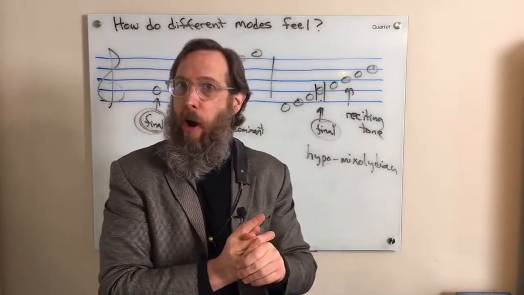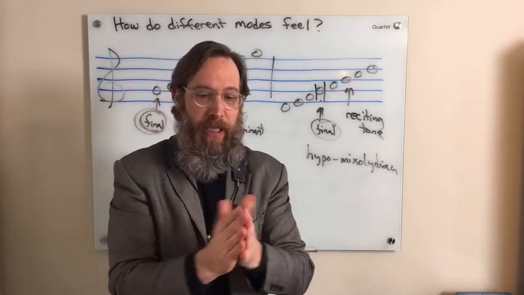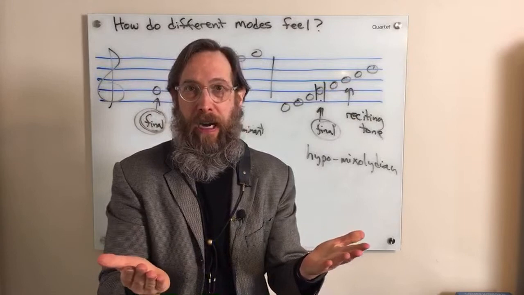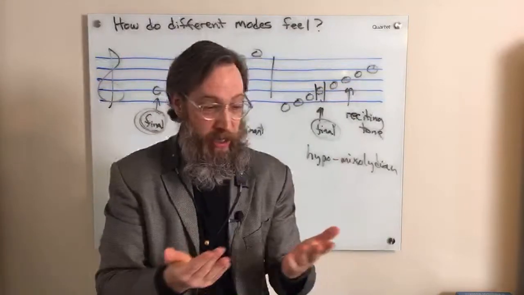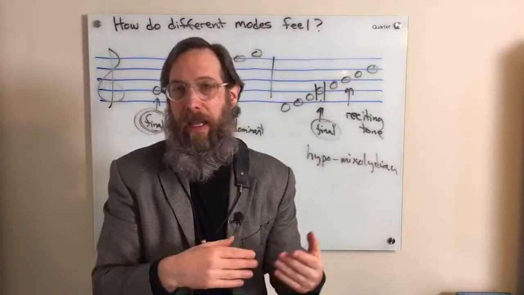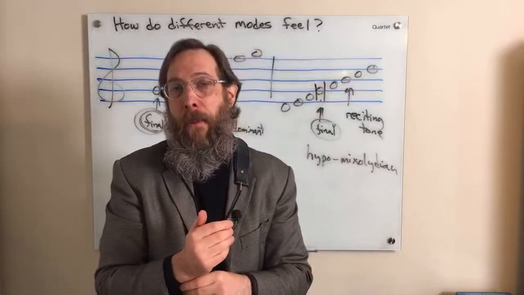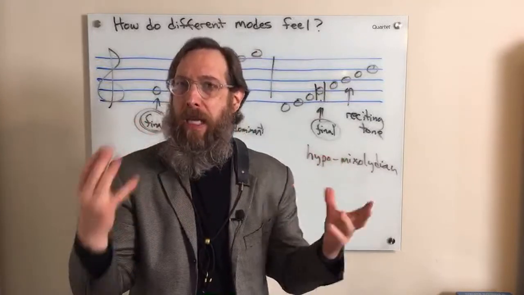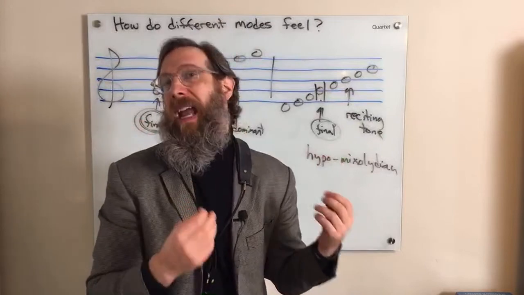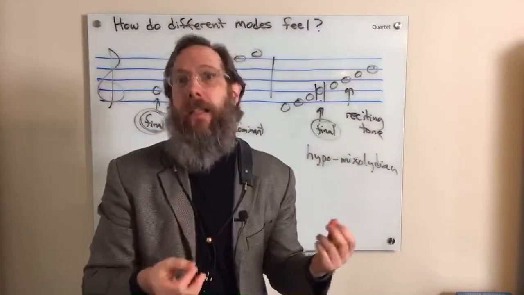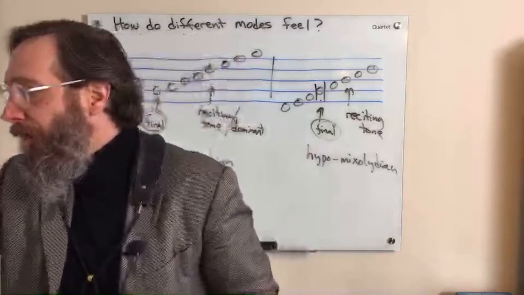This is stuff I didn't know about until I went to a library and started opening up books on modal theory, and I thought I knew my modes, and I was like, what are they talking about? There's a lot more complexity in there because all those things play into the emotion. What notes are being emphasized makes a difference. So good question.